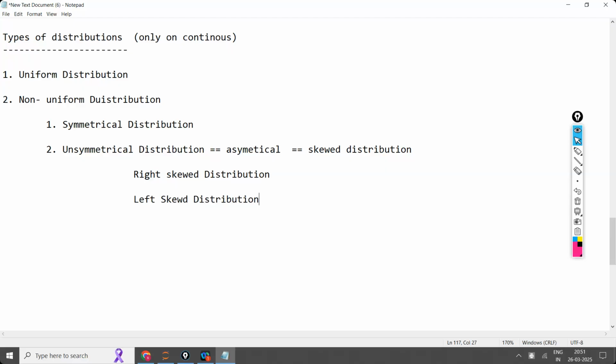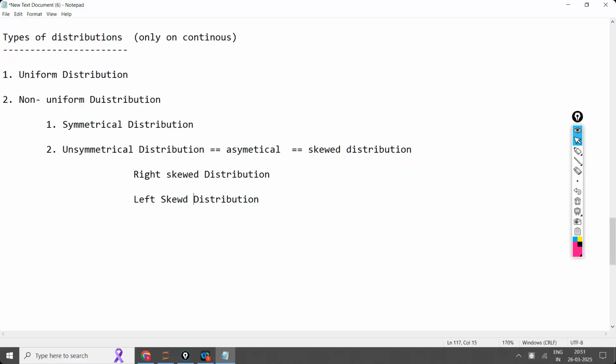And the Z column is for left skewed distribution. So I have created one column for one example. Is that clear? Completed? Anyone? Any questions?